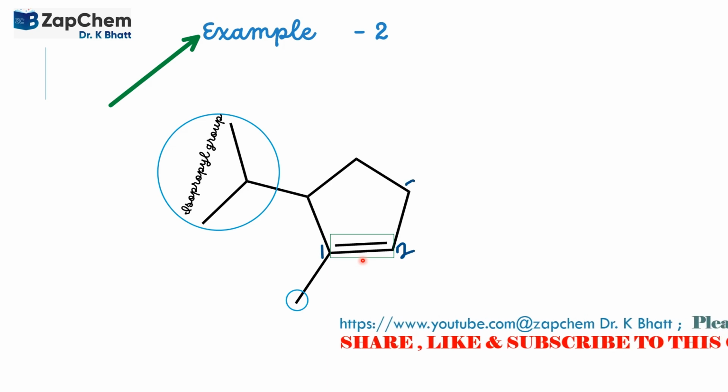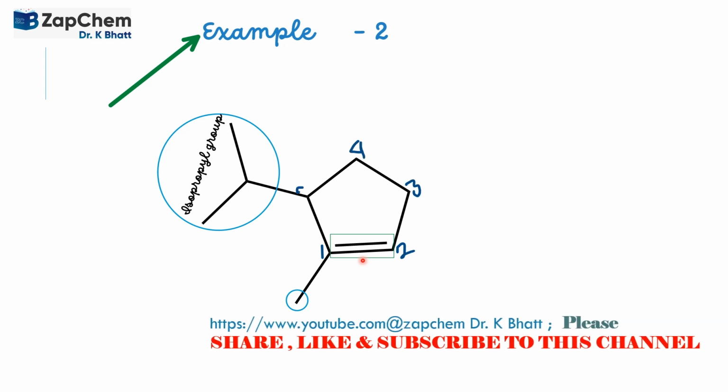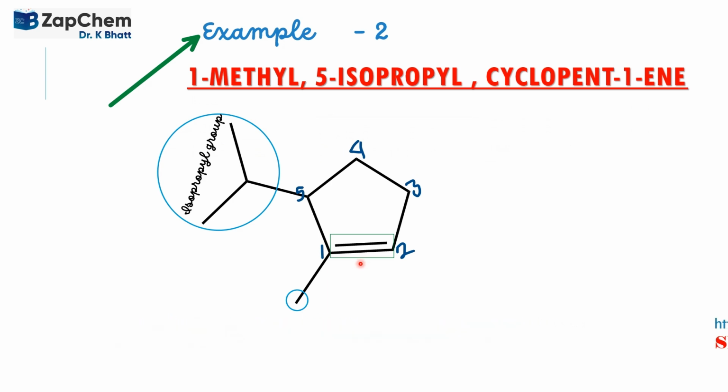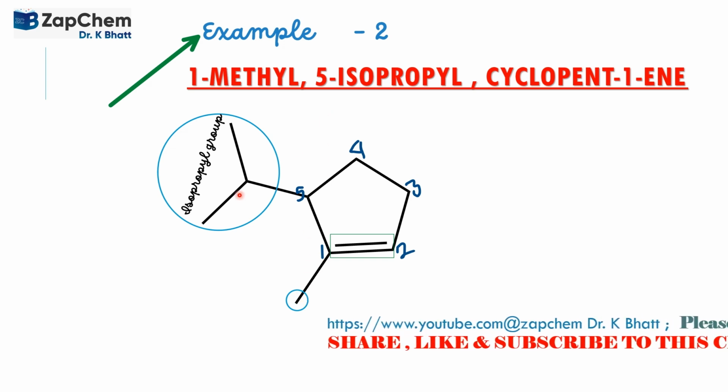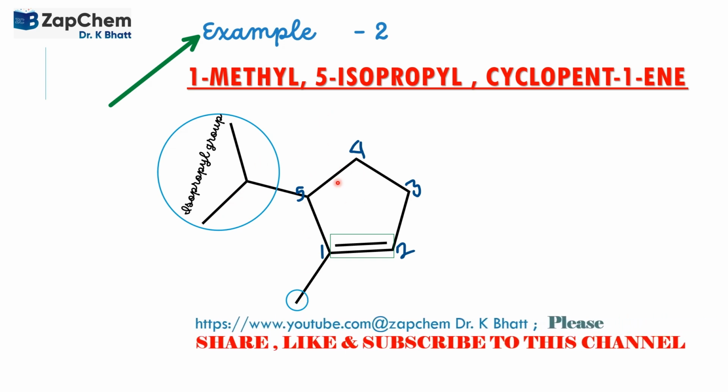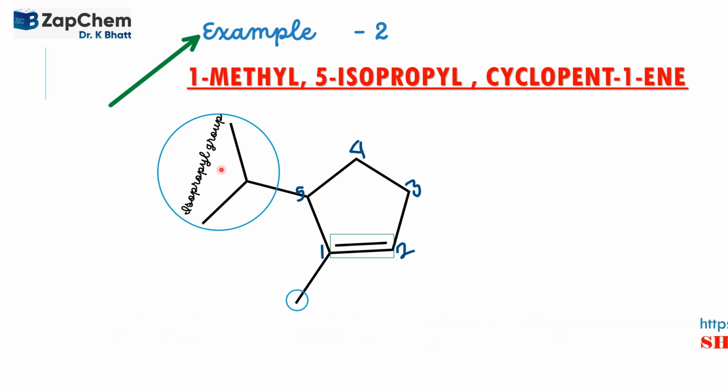The name is given after numbering the various carbon atoms. The name is 1-methyl, 5-isopropyl, with the carbon linked to the isopropyl group at position 5.